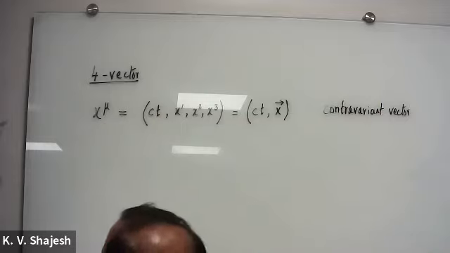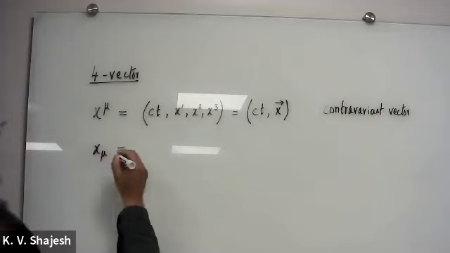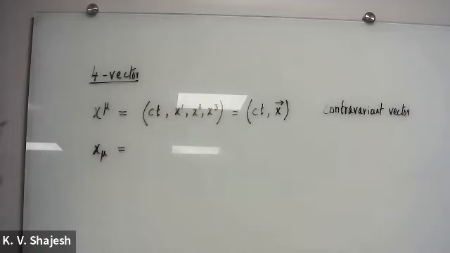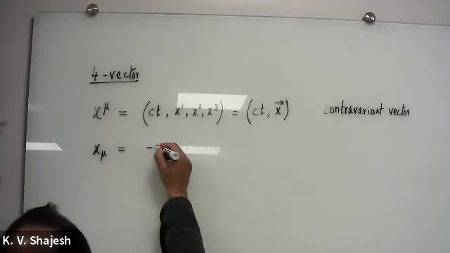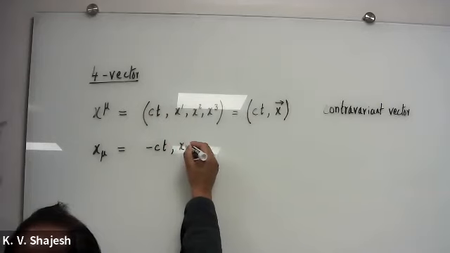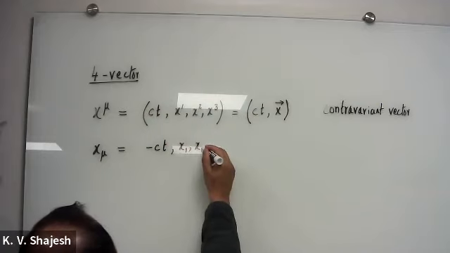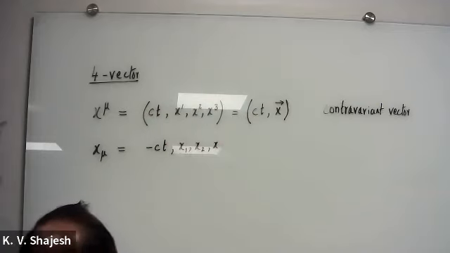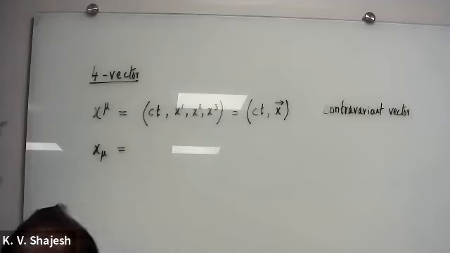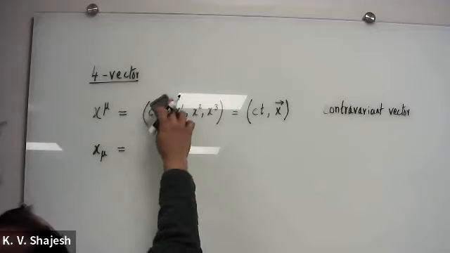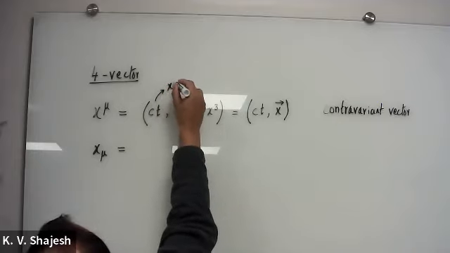This is a position, or let me come back to that. The x subscript mu will be pretty much the same, except that either the fourth or the zeroth component changes sign. Let me write this again. You can also call this x0.